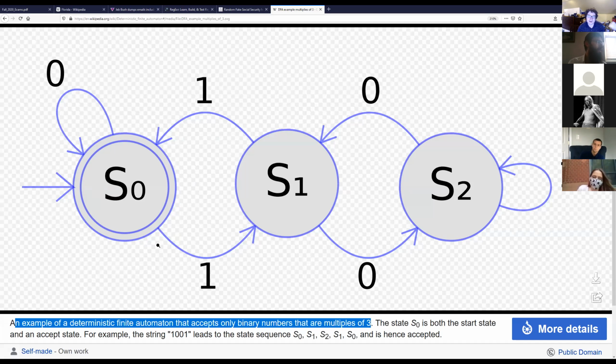So here, basically it's saying you can accept a 0, any number of zeros, because those are multiples of 3, a 1 followed by another 1, which would be 1, 1, which is 3 in binary, or you can follow the flow chart.